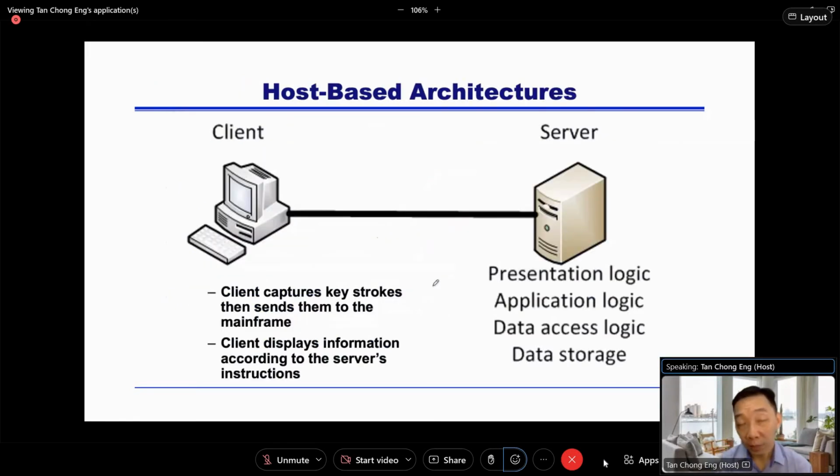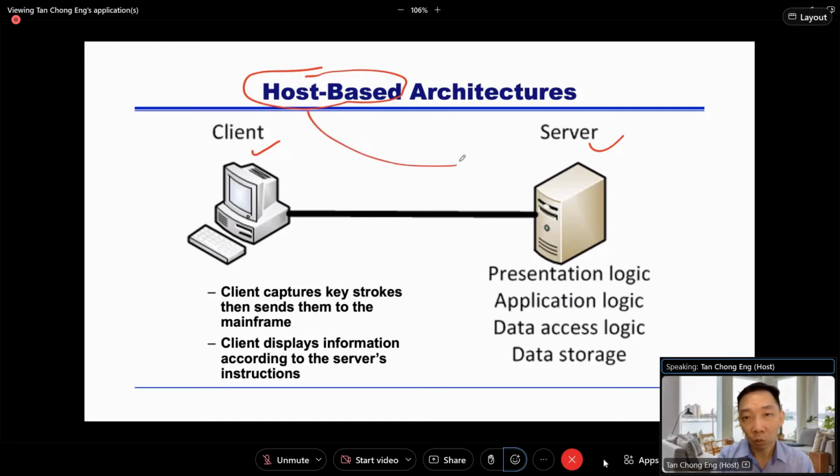Okay, let's look at host-based architecture. So what's the difference? Host-based already tells you that the host is going to be busy. In a host-based architecture, this is the client, and this is the server. The server will probably be almost full after you put in this application. The host here refers to the server.